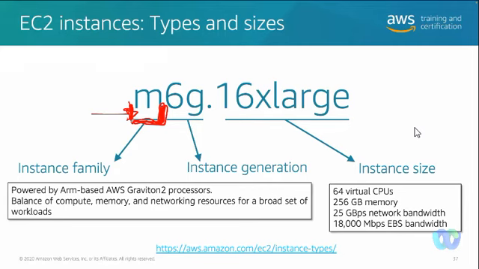No. Memory optimized starts with R. General purpose, absolutely. General purpose. So this means I'm currently choosing a general purpose type instance of the 6th generation. So the next number in line is actually the generation. So in this case here, it's of the 6th generation.